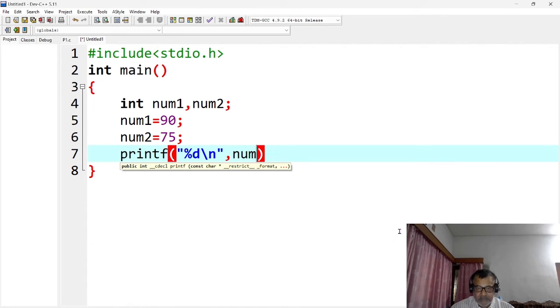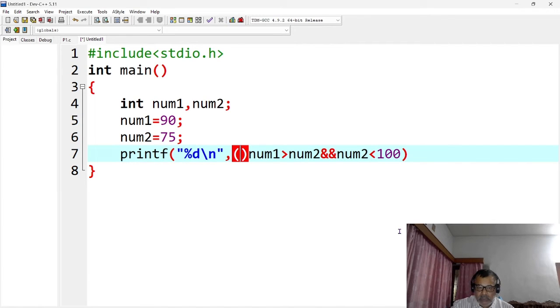This is num1 greater than num2, or we should write the first expression, and what is that? Num2, not, it should be less than 100. Actually, I want to use parentheses for both expressions, to see what they will do.